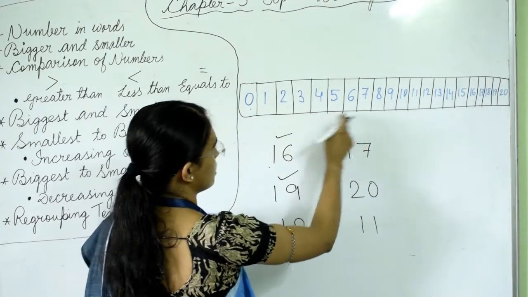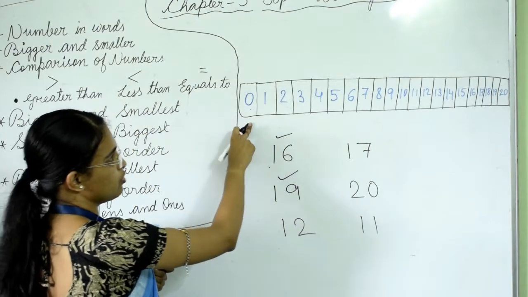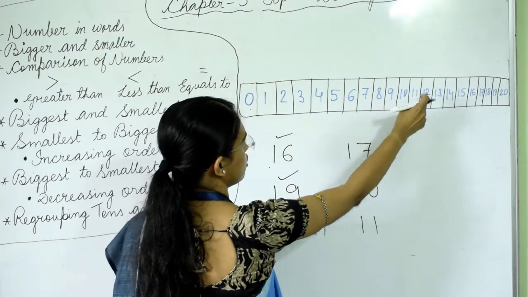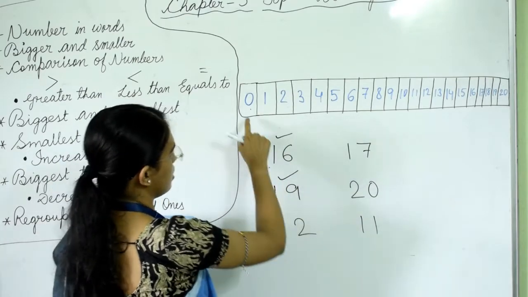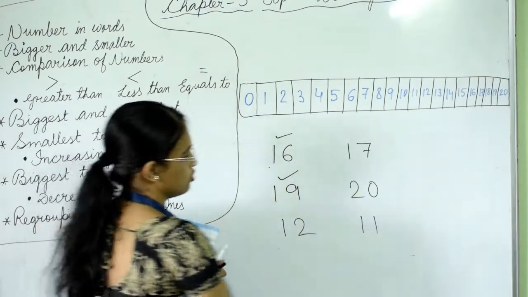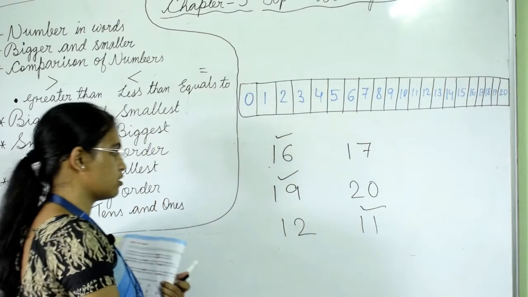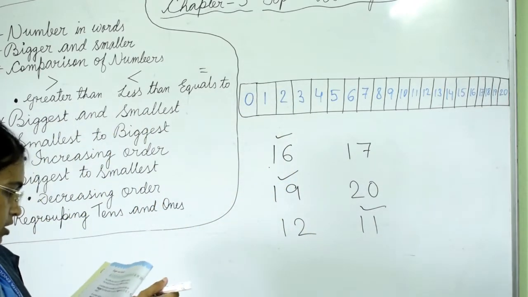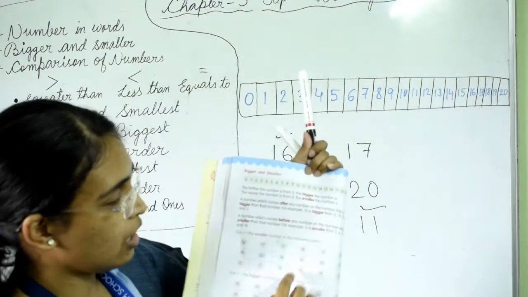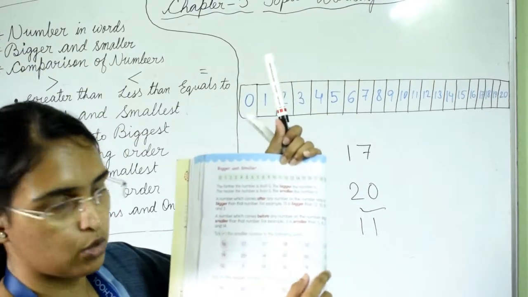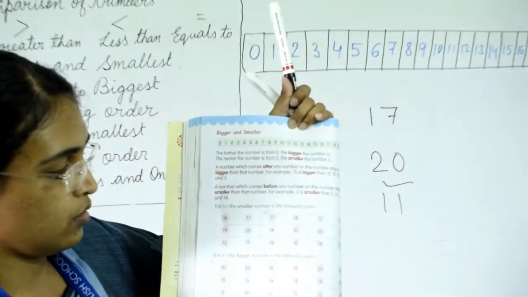Which number comes first when you start counting from 0? 11 or 12? Yes, 11. That means 11 is near to 0. So 11 is the smaller number. So tick on that. Now do the rest of the part. This is your homework. Okay.